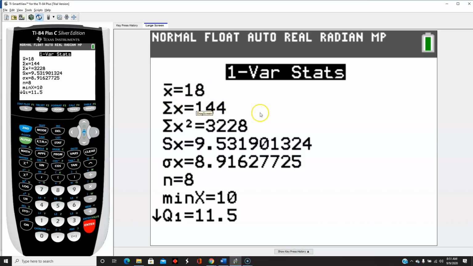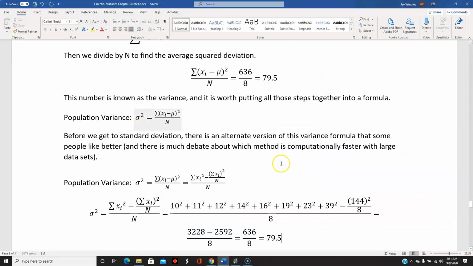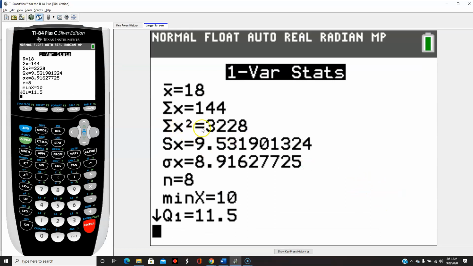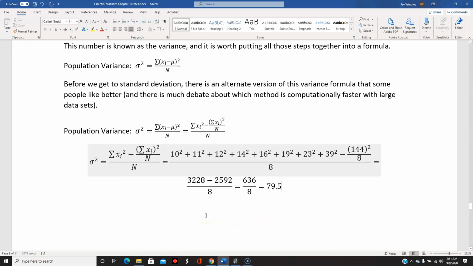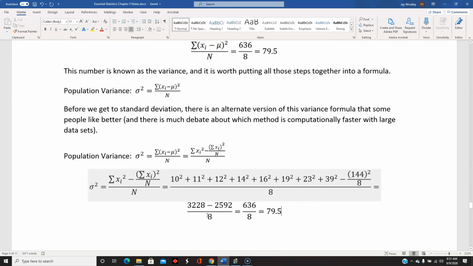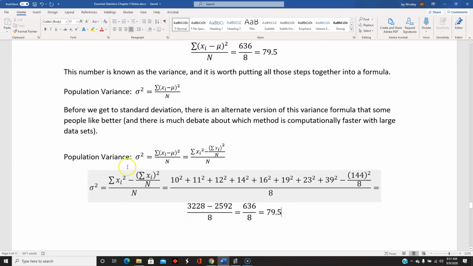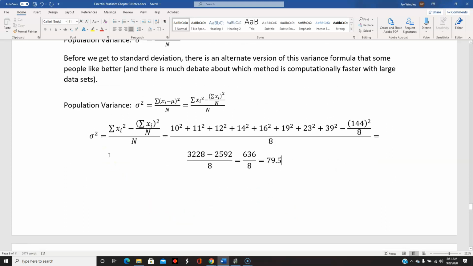The sum of the x's is 144, which is showing up right here in the formula. And the sum of the x squareds is 3228, which is the sum of all these right here. Okay, so whichever formula you use, we're getting 79.5 for the variance.